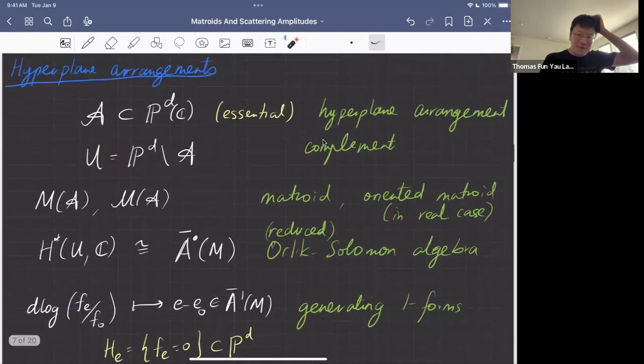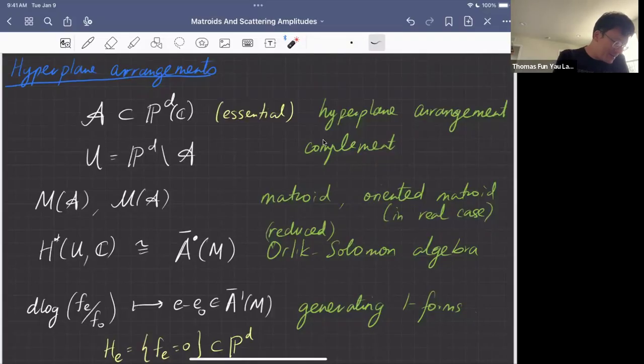Let me go through some assumptions and notations for hyperplane arrangements. I'm going to consider a projective hyperplane arrangement A, and I'm always going to assume that it's essential, so that it has enough hyperplanes in it. The complement will be denoted U. So U is an open subset of projective space.